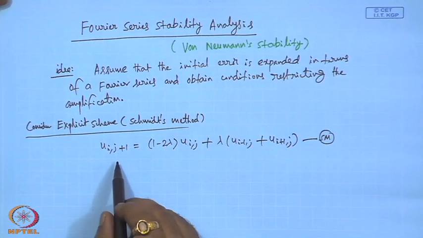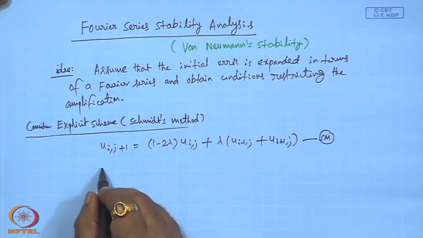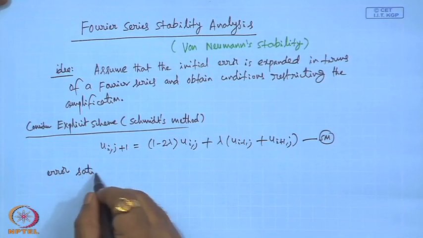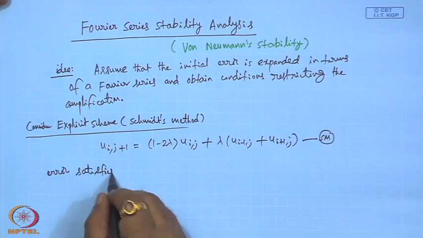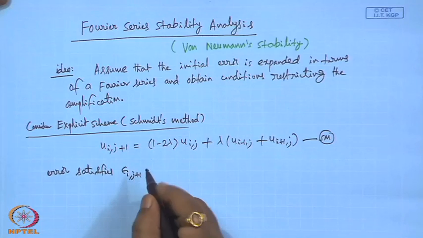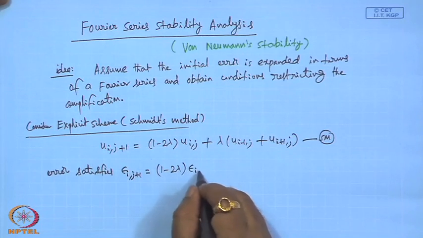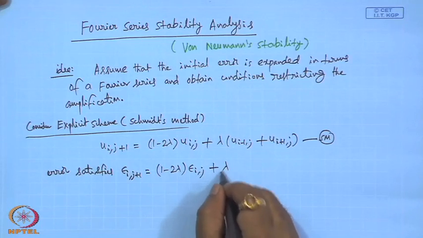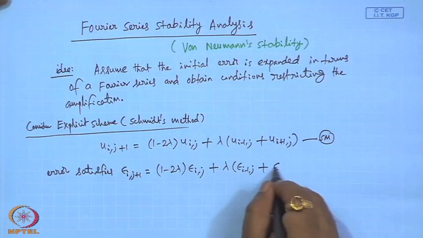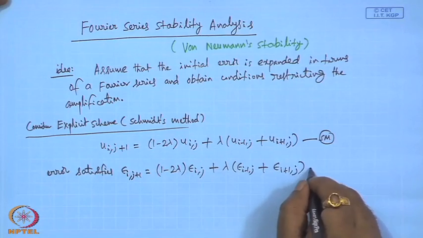Now we would like to introduce the error. If we introduce the error, the error satisfies epsilon i, j plus 1 in terms of epsilon i, j. Okay. So, this is the error.